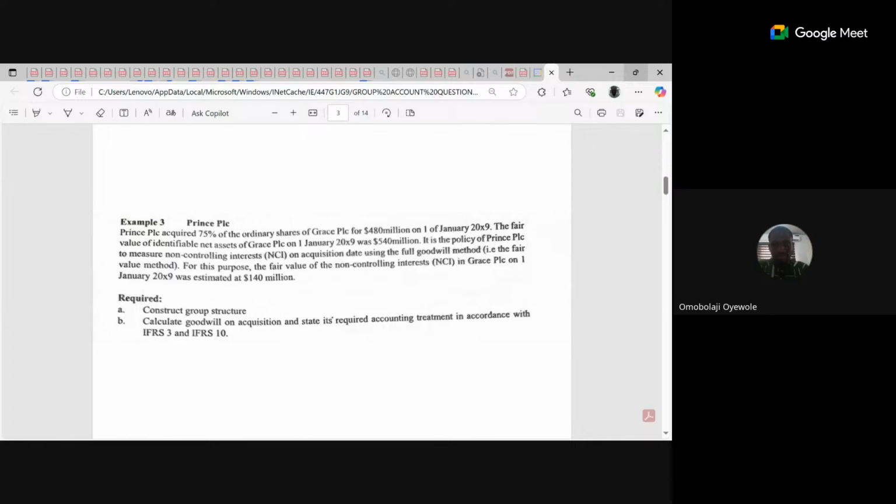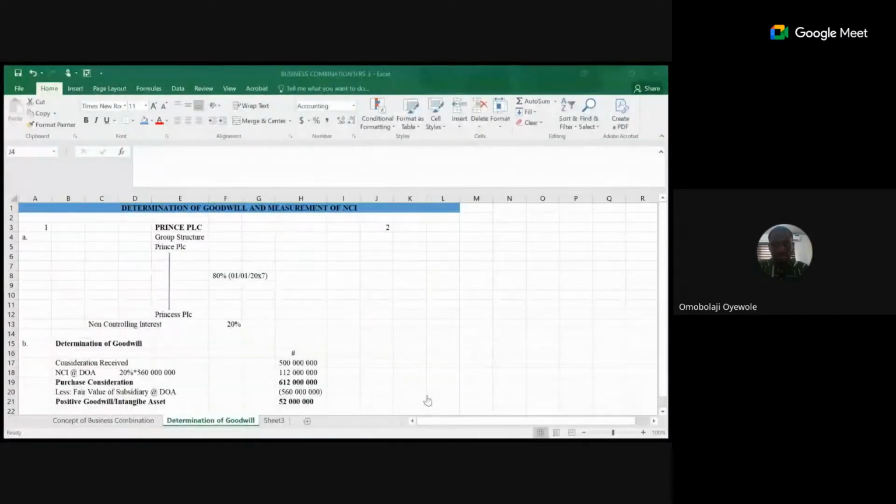So let's quickly solve that. The group structure and then calculate the goodwill. Okay, so now let's go. The name of the company is still Prince PLC.